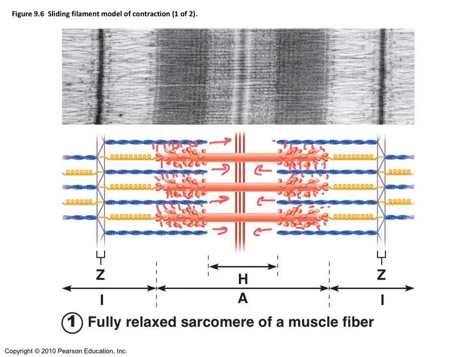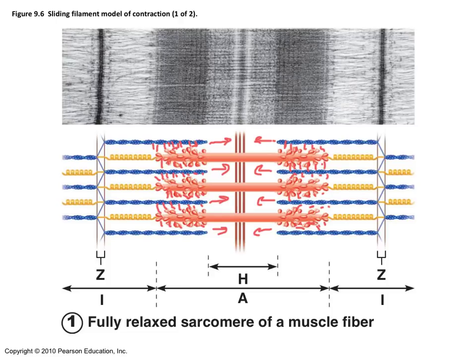The actin filaments can't really cross each other, and they can't cross that M line because there's a whole bunch of accessory proteins there. But that pulling of the actin filaments in, that's the sliding filament model. That's what shortens the myofibrils, shortens the muscle fiber, and causes your muscles to contract. That is the contraction of your muscles.